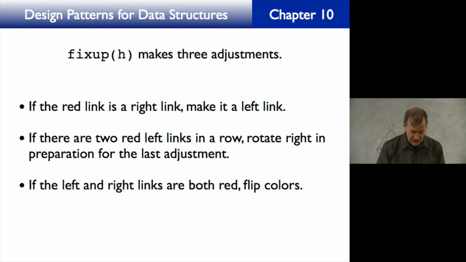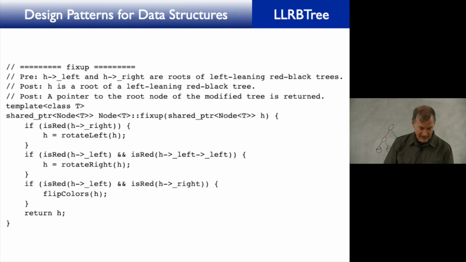Okay. So now here's the code. Look how easy this fix-up is. So here's the precondition: H arrow left and H arrow right are roots of left-leaning red-black trees. So here's the thing, you guys.